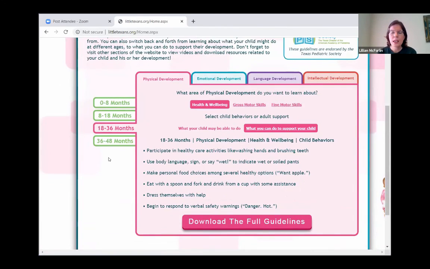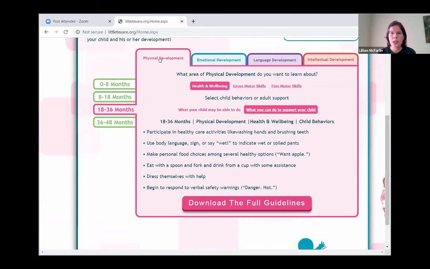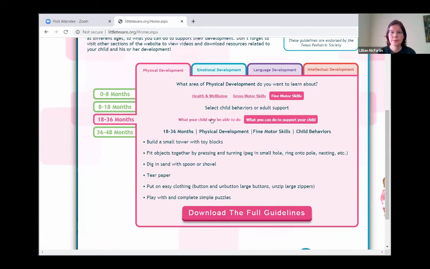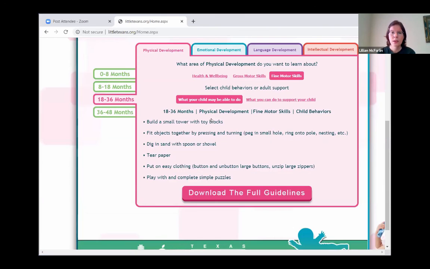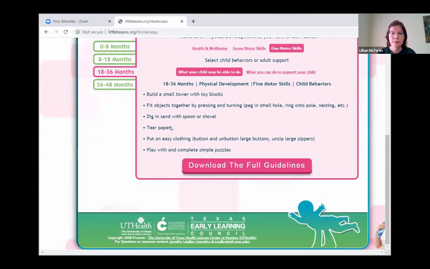Let me go into physical development. We're already there. Wonderful. Let's look in fine motor and see what we've got. Build a small tower. Fit objects together, dig in sand, tear paper, put on clothing, play with and complete simple puzzles. That doesn't say much, does it?